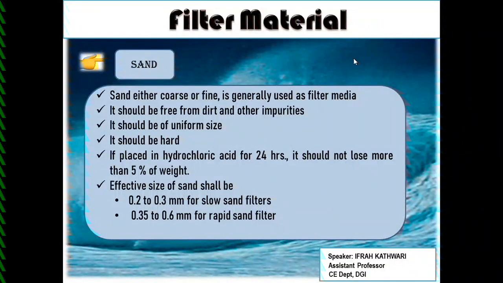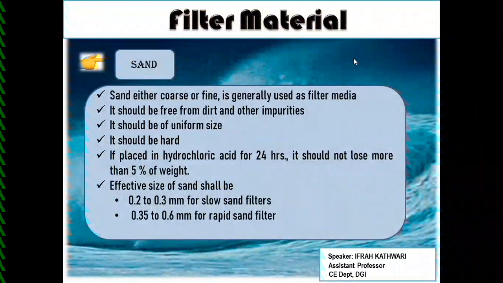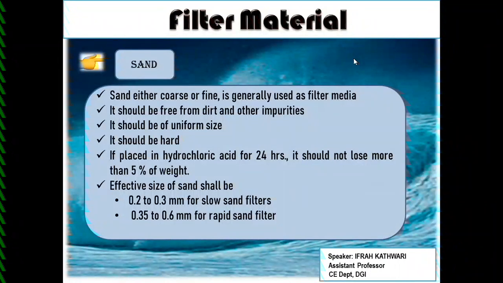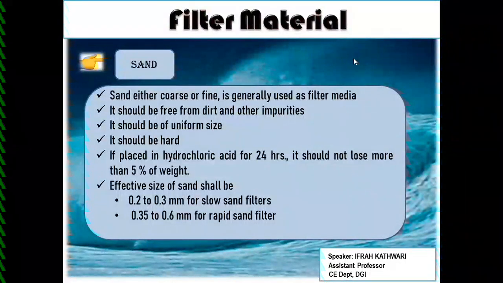Talking about sand, either coarse or fine sand is used, the coarser being the first layer and the finer being the top layer. Firstly we go with the coarser and then we go with the finer. So the top layer should be the finer one.